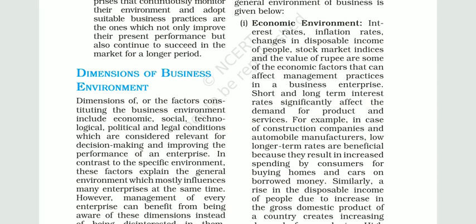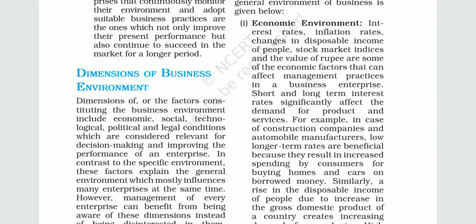The management of every enterprise can benefit by being aware of these dimensions. These factors constitute economic factors, social, technological, political and legal conditions.